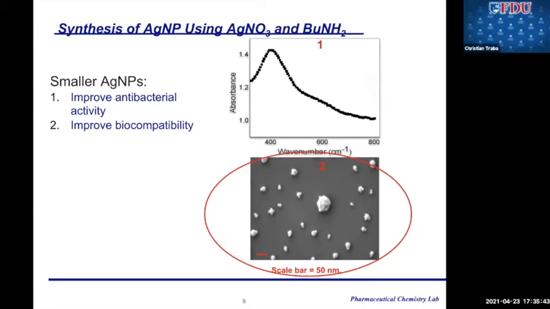The concentration of silver nanoparticle stock solution was calculated to be 5 millimolar after synthesis. With this being said, our primary goal was to synthesize extremely small nanoparticles. We wanted these nanoparticles to be extremely small because the smaller the nanoparticle, the more potent the antibacterial activity and the less toxicity towards tissue cells.